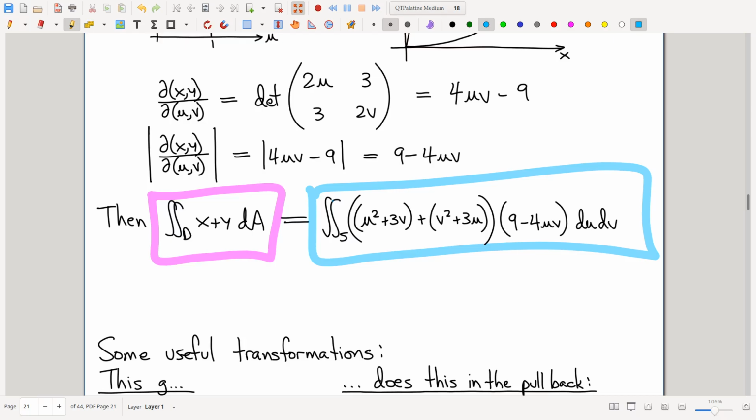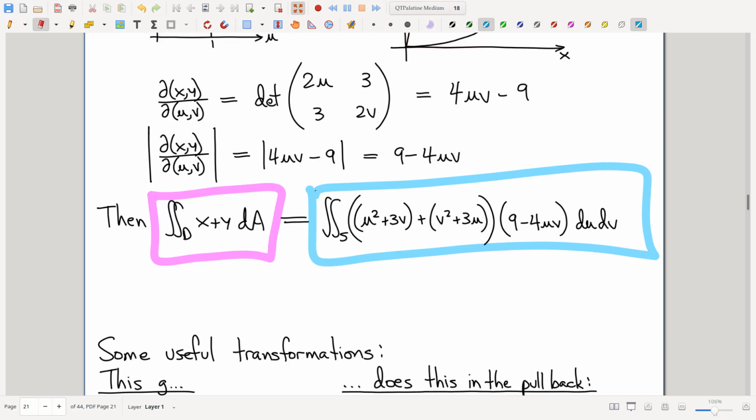Again, world's best domain for a double integral. The original integral was nasty because it's on three separate domains with curved edges that you'd have to exert effort to find the equations of. That's a lot of work on the left. So this is actually a big win. Everybody with me?